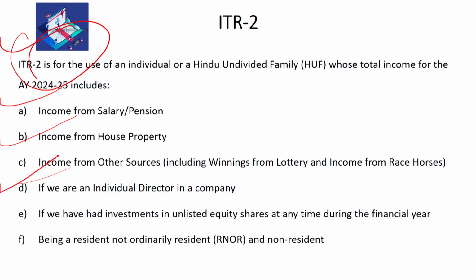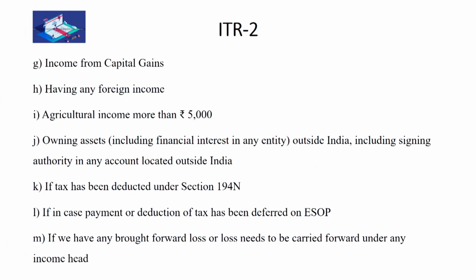If we are an individual and director in a company, or had investment in unlisted equity shares at any time during the financial year, and are a resident, not ordinarily resident or non-resident, then ITR 2 should be selected by the assessee.